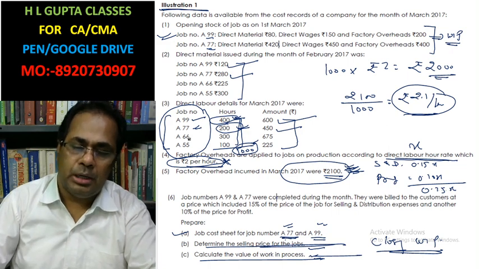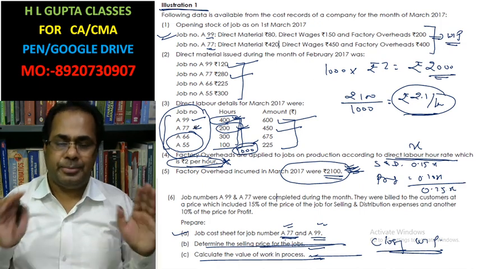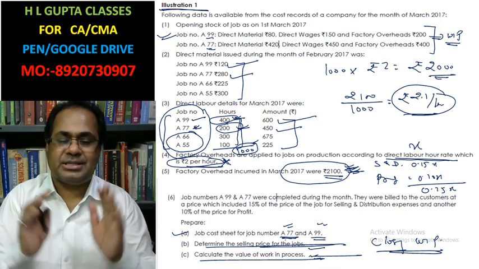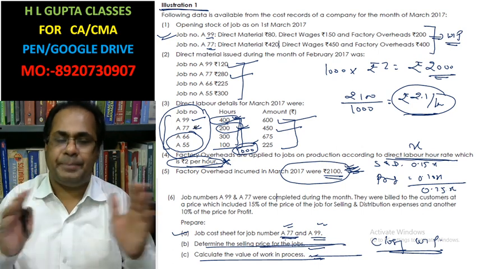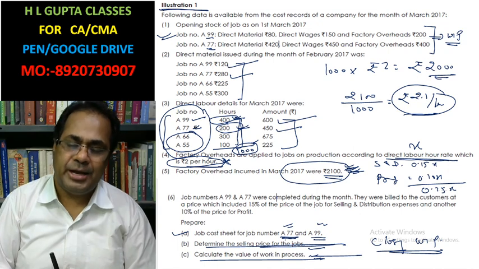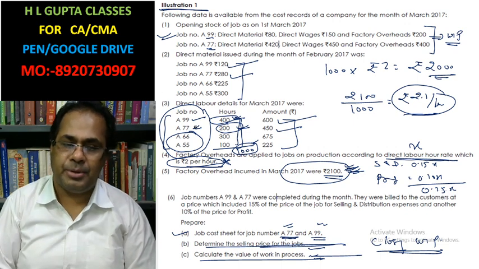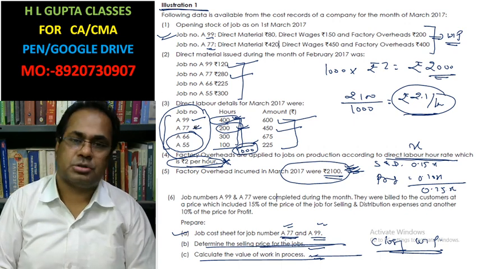But jobs A66 and A55 are not completed. It means jobs A66 and A55 are in work in progress, and the cost for jobs A66 and A55 will be the closing stock.